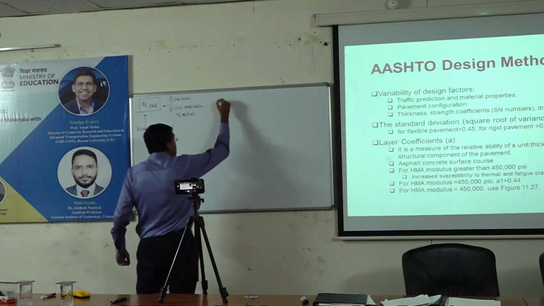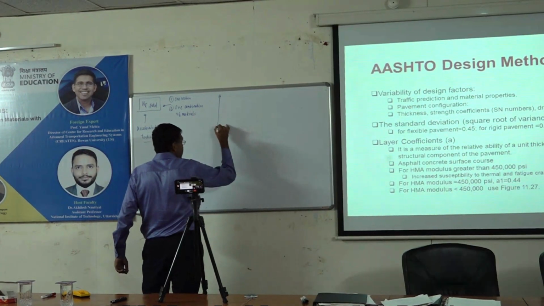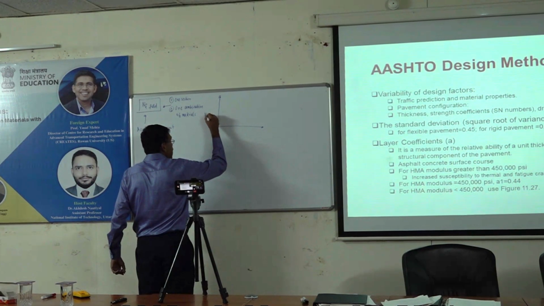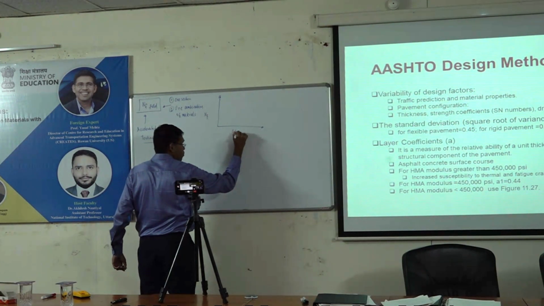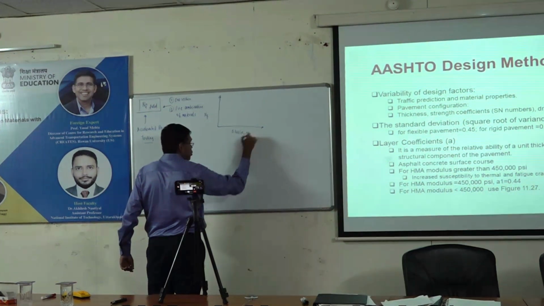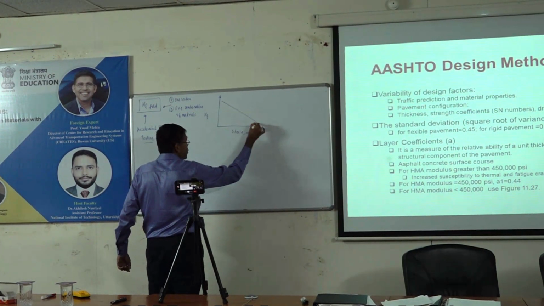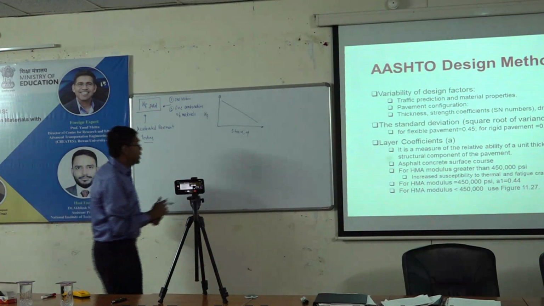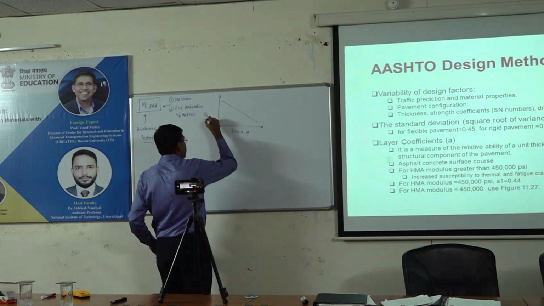When I go in the lab, and I have NF versus strain value, in micro strain, you get this curve. So this is just NF of lab.